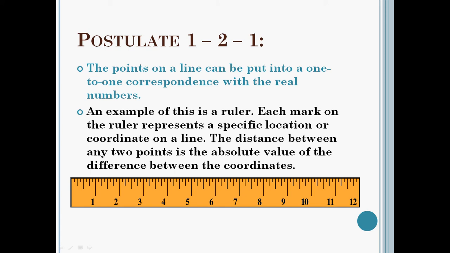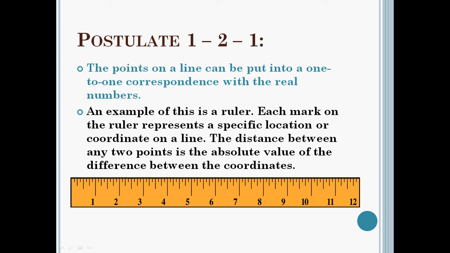Let's start with a postulate. Remember that postulates are statements that we consider true without proof that tell us about the properties of geometry. The points on a line can be put into a one-to-one correspondence with the real numbers.